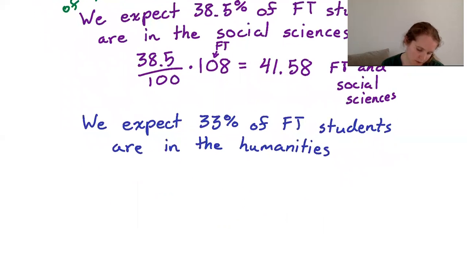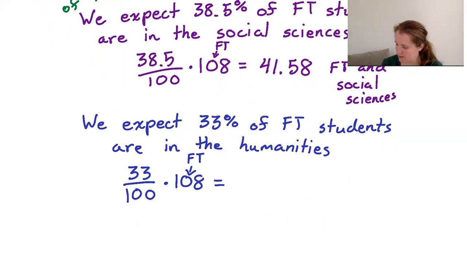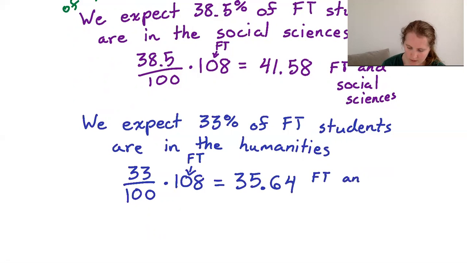So we would do 33 out of 100 times 108 full-time students, and we wind up getting 35.64. So this is 35.64 for full-time and humanities.